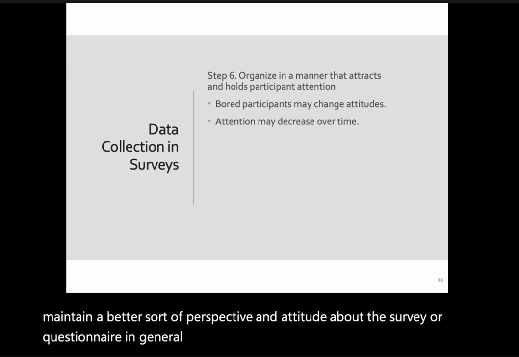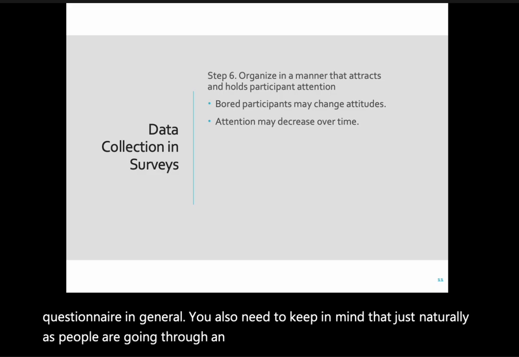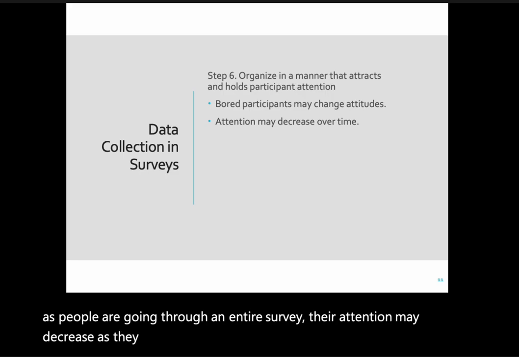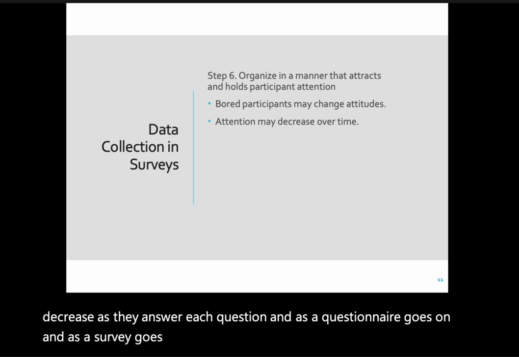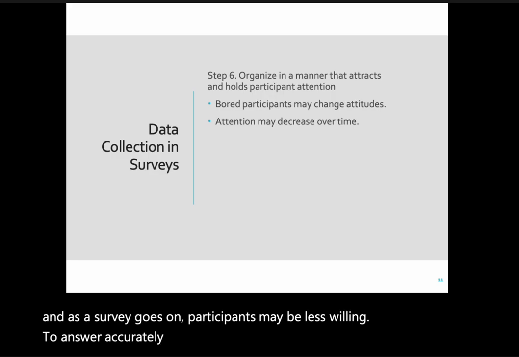You also need to keep in mind that just naturally, as people are going through an entire survey, their attention may decrease as they answer each question. And as a questionnaire goes on, participants may be less willing to answer accurately in the questions that you ask.